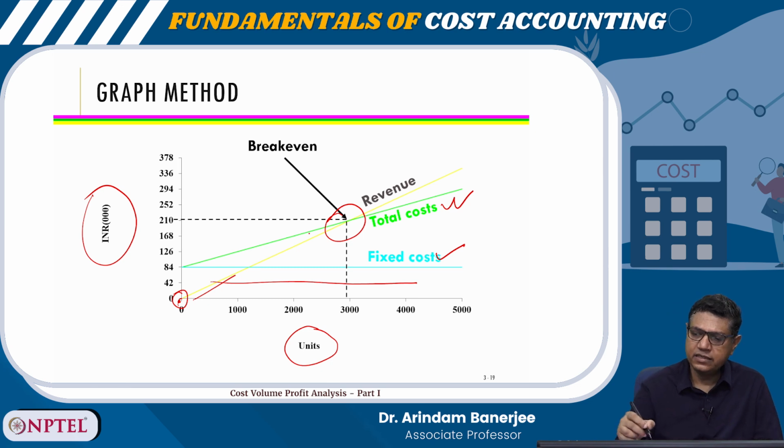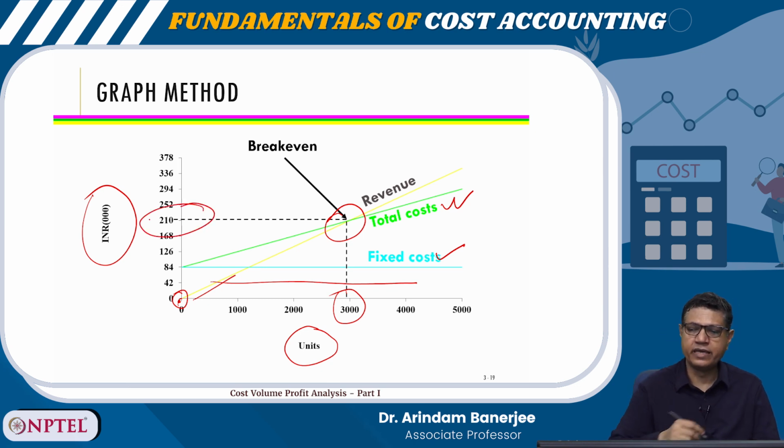So, this is intersecting at 3000 as we calculated earlier. So, this is the break even sales. As we calculated earlier through the equation, here graphically also we can see that this is the break even sales, where it is meeting the total cost.